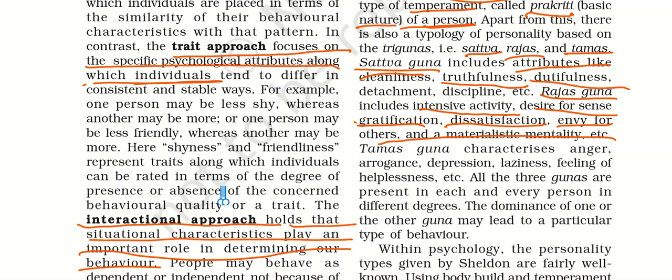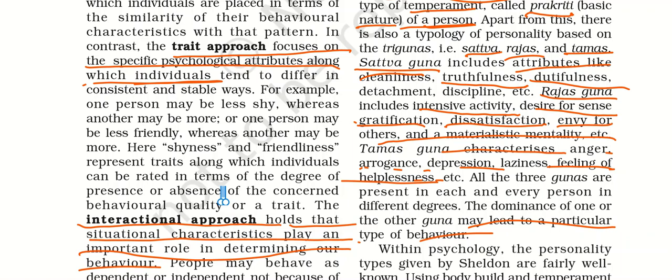Then we have tamas guna, characterized by anger, arrogance, depression, laziness, feeling of helplessness, and so on. These three gunas are present in each and every person in different degrees. The dominance of one or the other guna may lead to a particular type of behavior. So this was basically how they classified personality by type.